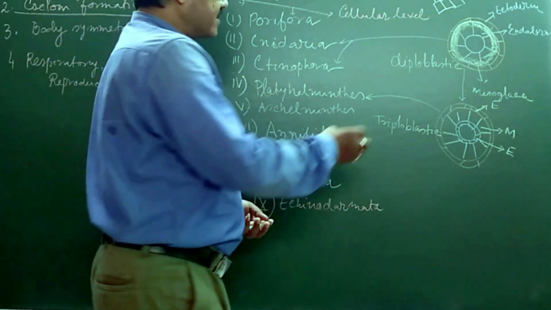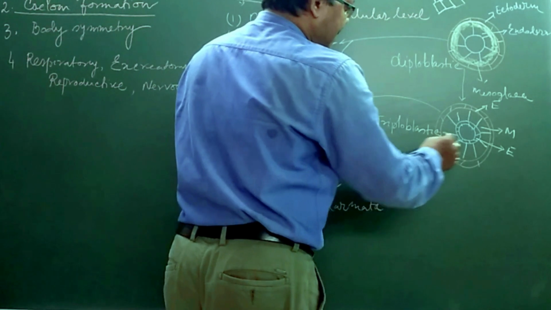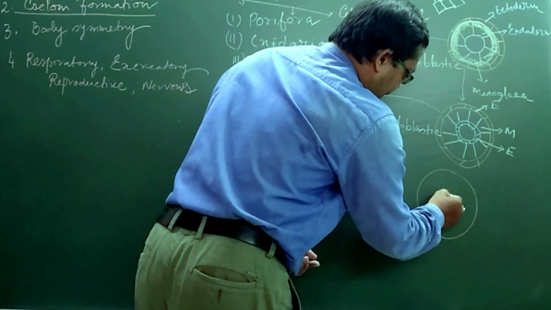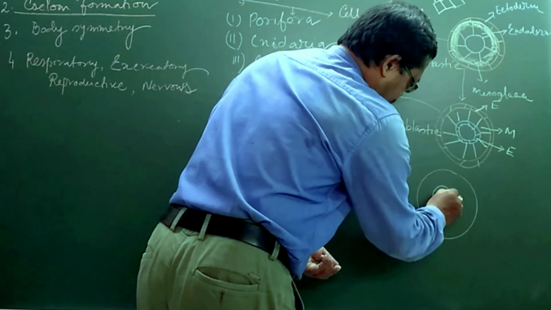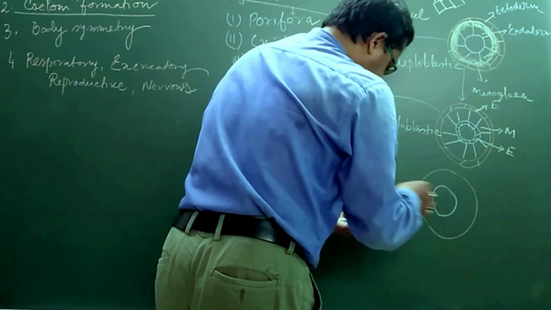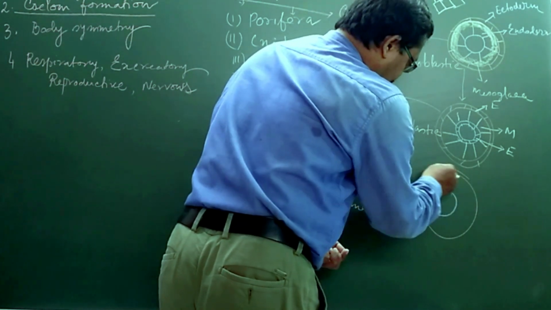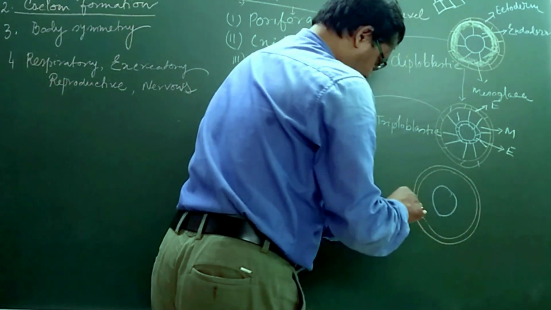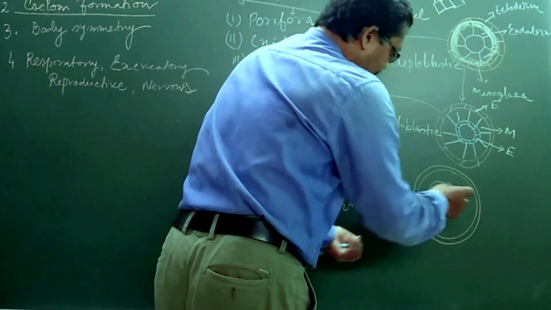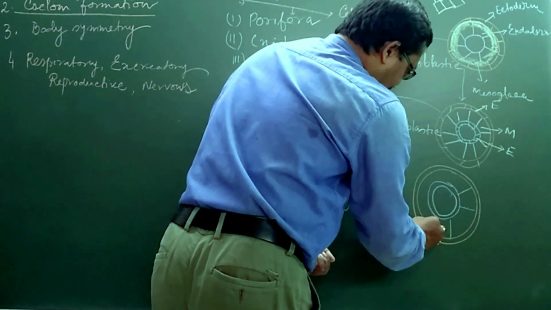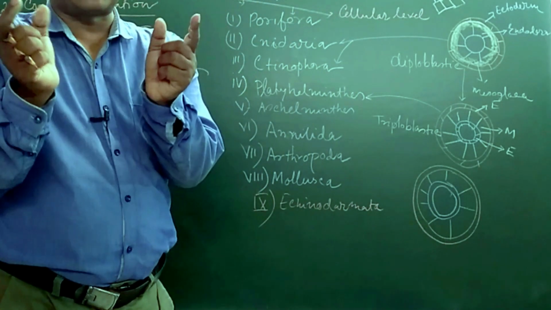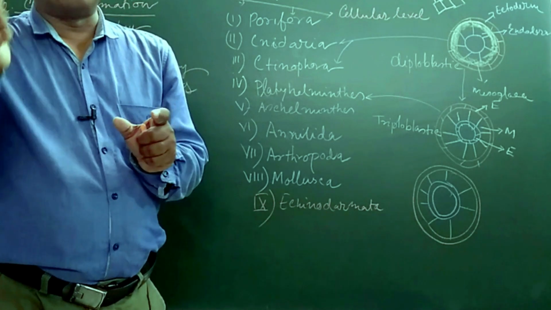Gradually, in the mesodermic area, suppose this is the ecto, this is the endo, and this is the meso. During the course of evolution, some intercellular gap, some pouch develops.